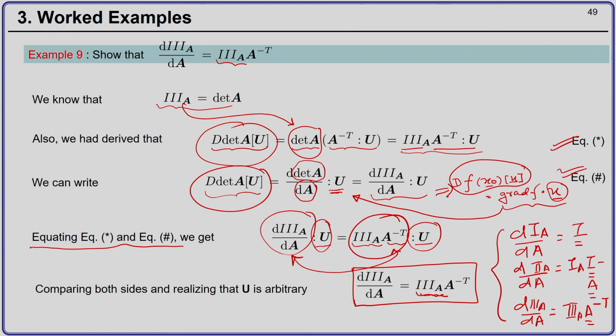So, with this example we have come to the end of this part of the discussion on tensors. For the last 6 lectures we have been discussing various aspects of tensors. We discussed how simple tensor operations can be written in index notation and direct notation. We discussed the eigenvalues and the invariants of tensors. Then finally, we discussed what is meant by directional derivative and linearization, and the directional derivative of the second order tensor.